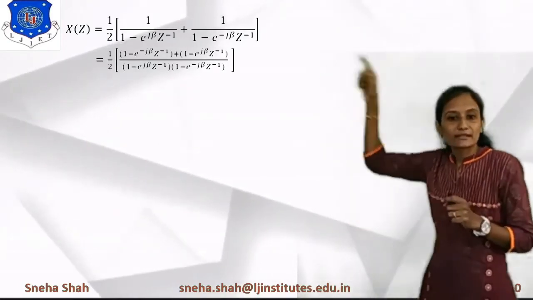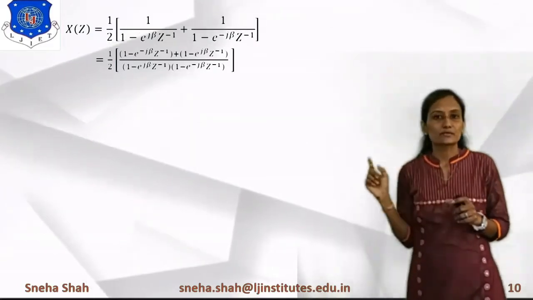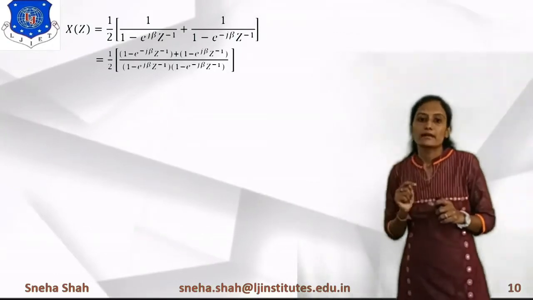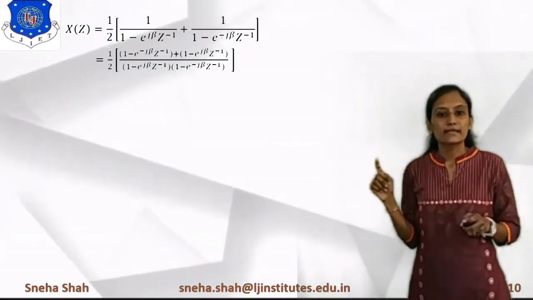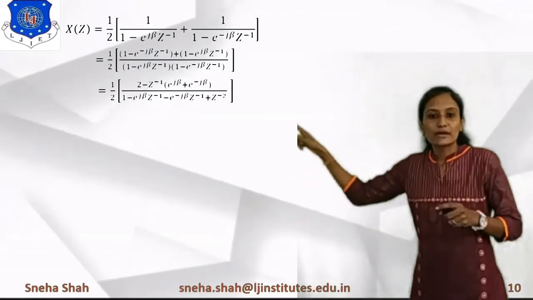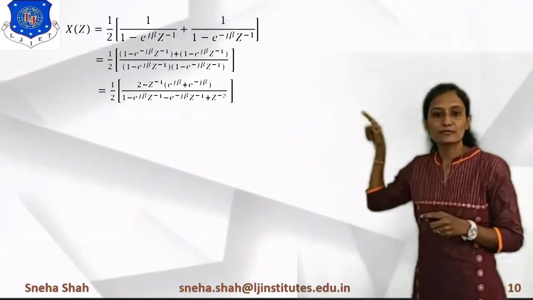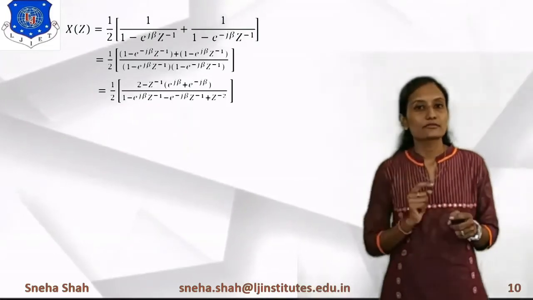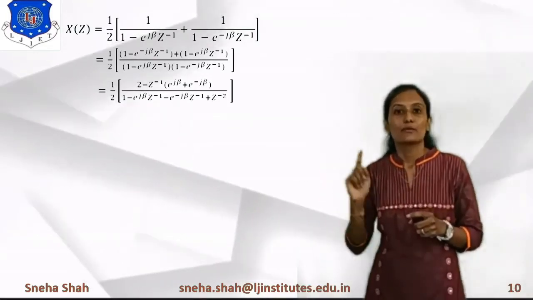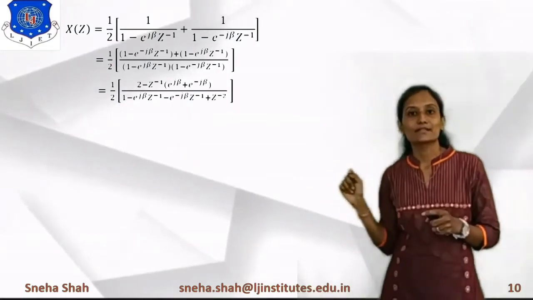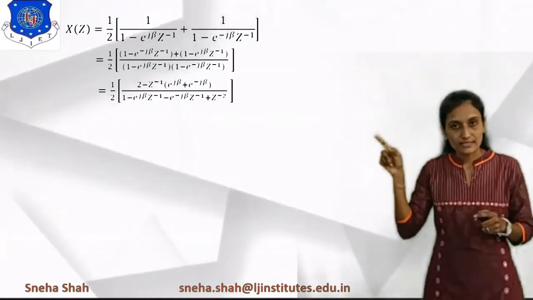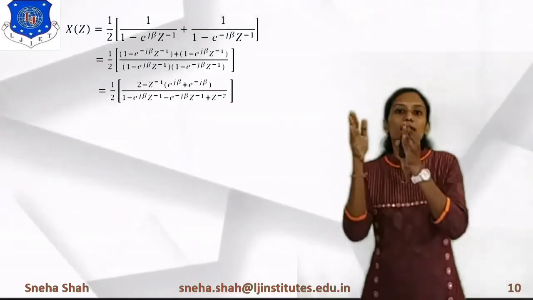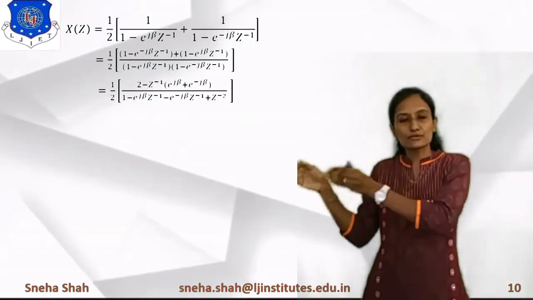Now if I am simplifying this term, then you can see that 1 plus 1 is 2, minus e raised to j beta z inverse, minus e raised to minus j beta z inverse, and divided by 1 into 1 means 1, then 1 into minus e raised to j beta z inverse means minus e raised to j beta z inverse, minus 1 into e raised to minus j beta z inverse means minus e raised to minus j beta z inverse, and the last term is e raised to j beta, e raised to minus j beta, z inverse into z inverse.